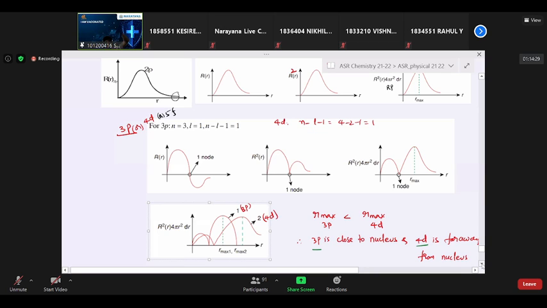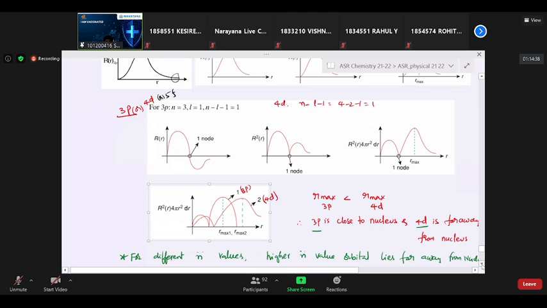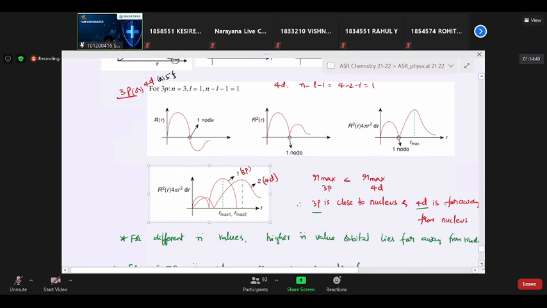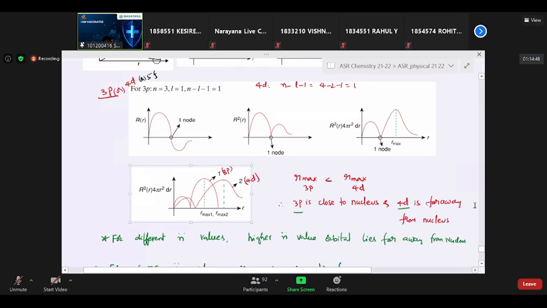In that particular case, ns always lies far away. For different n values, the higher n value orbital lies far away.